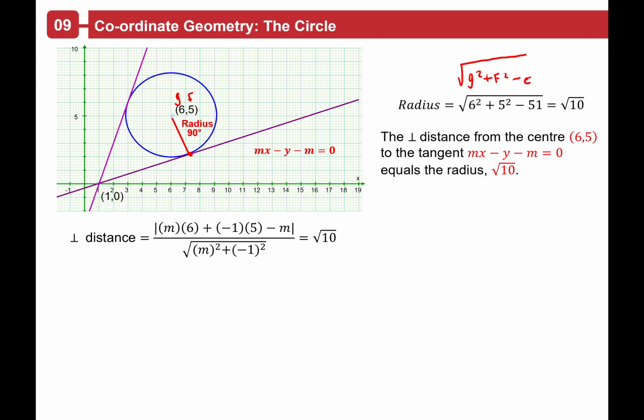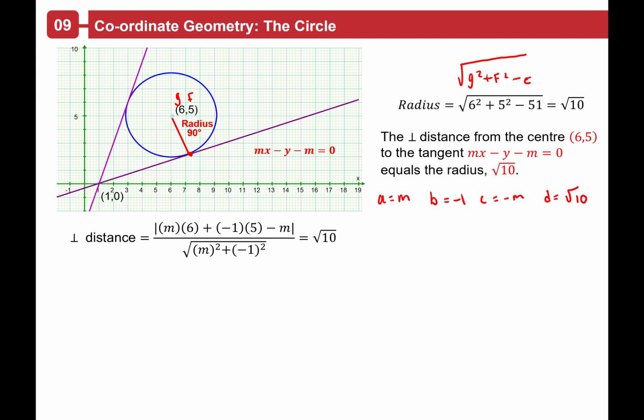So I can substitute these points into my perpendicular distance formula, where a is equal to m, b is equal to minus 1, c is equal to minus m, and your perpendicular distance is equal to your radius of root 10.